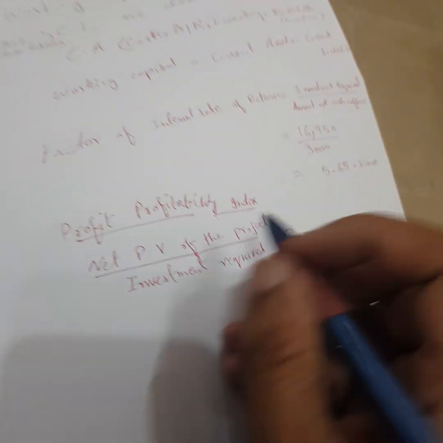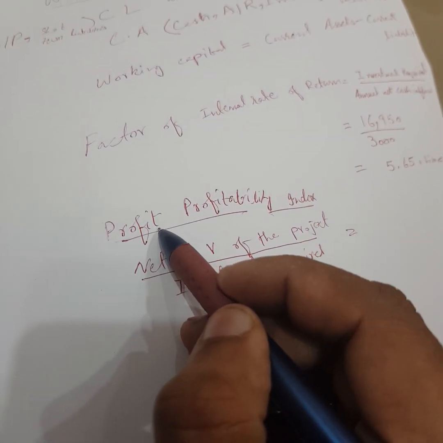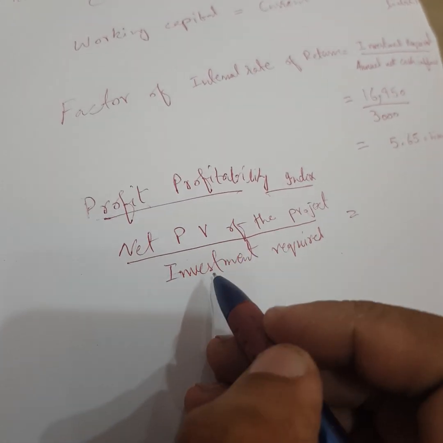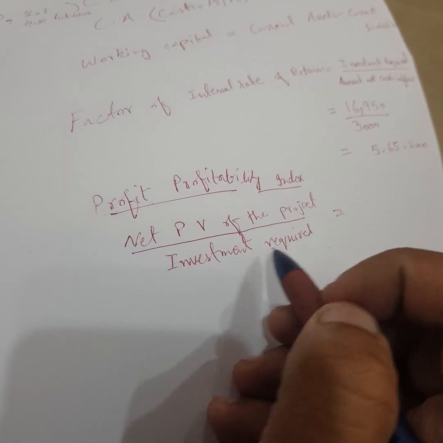We will be able to know about our profit, how much profit we will be able to get, by dividing the net present value with the investment requirement.